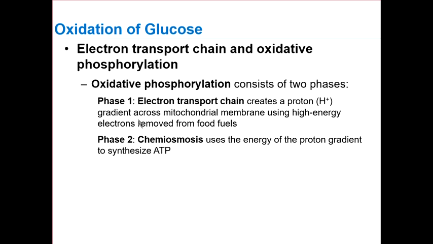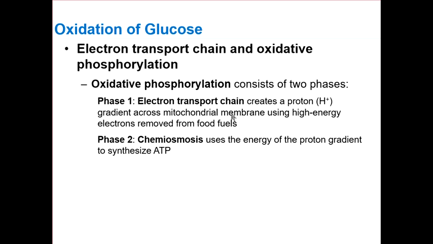Remember, a gradient is when there's a different concentration of a particle on one side of the membrane versus the other. In this case, we have a proton gradient, and basically a hydrogen ion is a proton because it lost its electron.